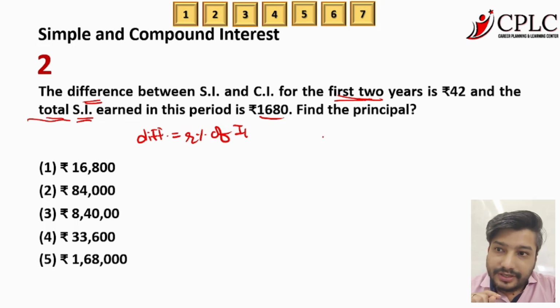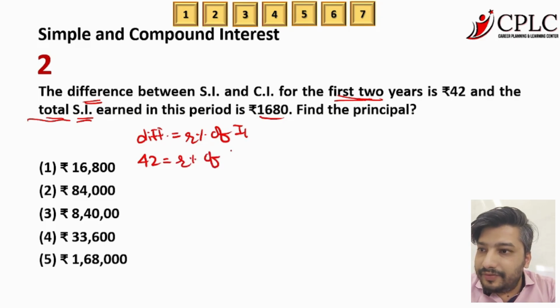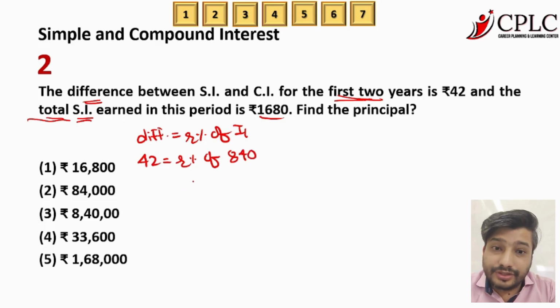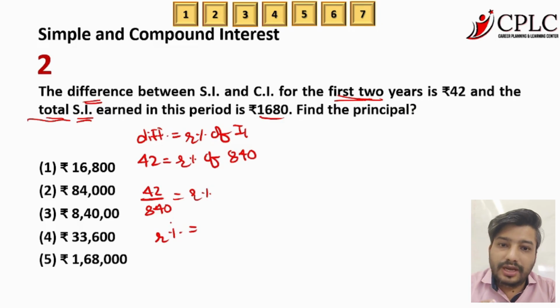So for 2 years 1680, obviously 1 year should be half of that, which is 840. Now we can use the formula. The difference is 42, R percent of the interest, which we have figured out as half of 1680, that is 840. So this becomes 42 upon 840 equal to R percent. If we solve this further, you get R percent as 42 by 84.